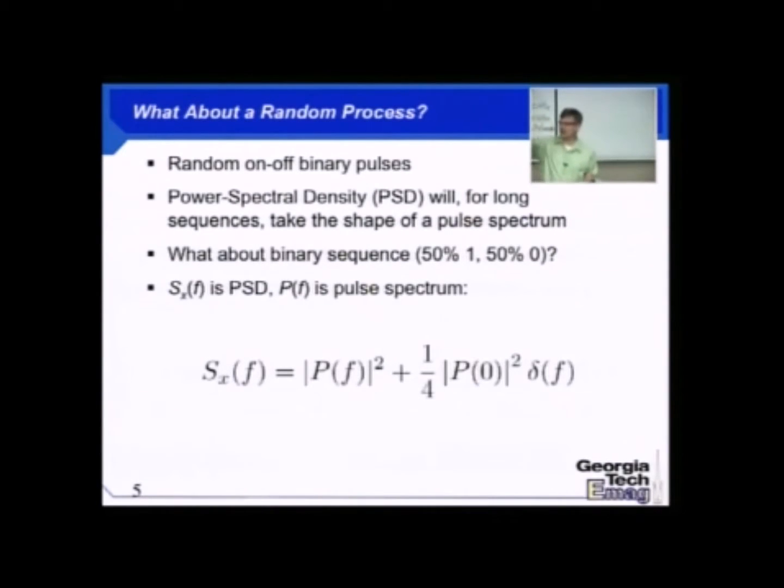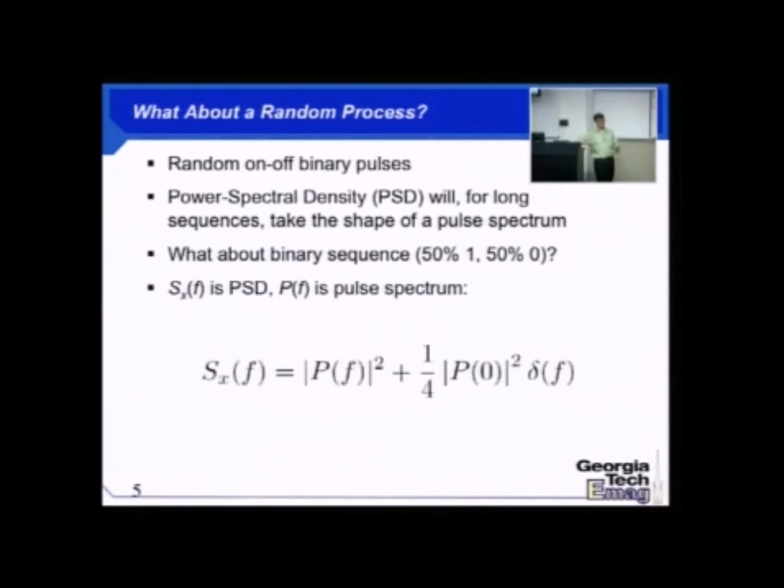If it's a rich data stream, and I'm modulating pulses in the time domain, p of t, then my power spectral density will be proportional to the magnitude of P of f squared. Remember, power spectral densities are always real valued, and they represent the power per hertz in a signal.